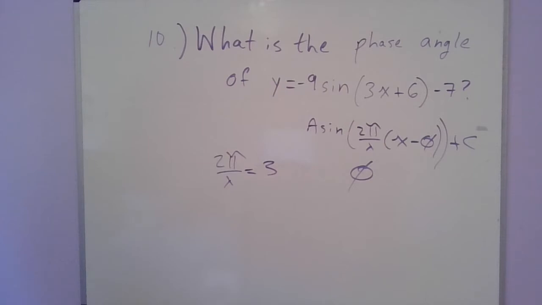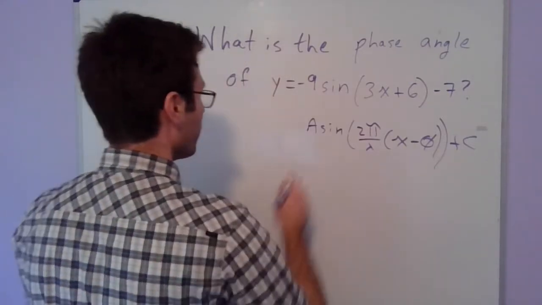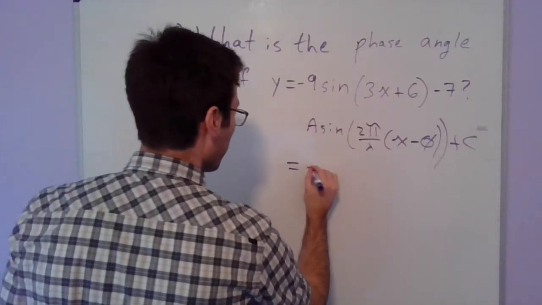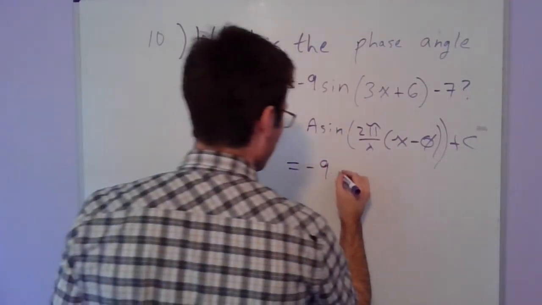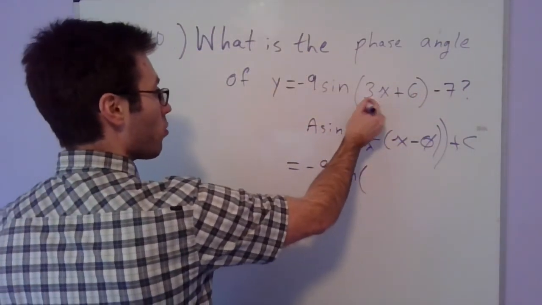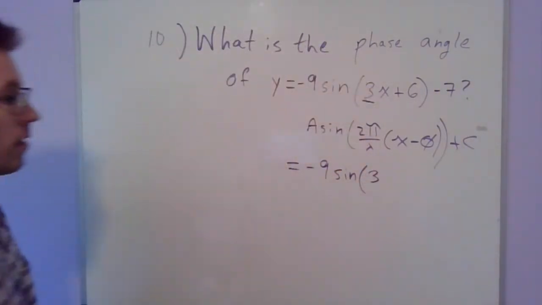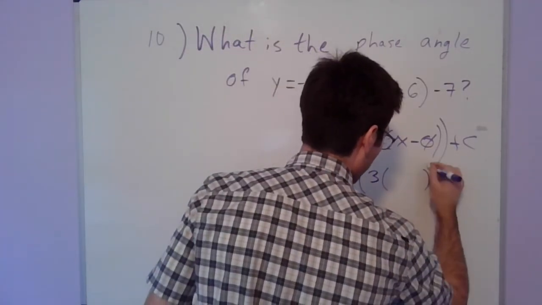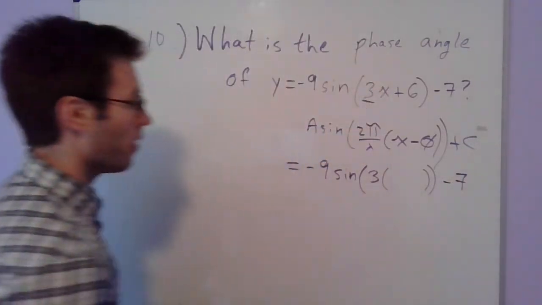So what I'm going to do here is a very specific step. Instead of thinking of it like this, this is a very sneaky move. It happens a lot. I'm going to set sine of, you see that number right next to the x? I'm going to put a 3 right there. And then I'm going to have parentheses on the inside, and I'm just going to have my minus 7 on right there.